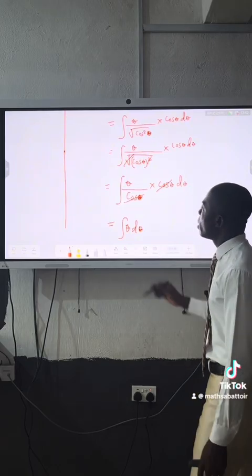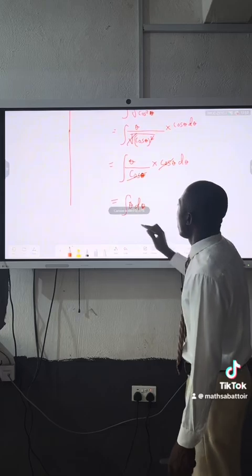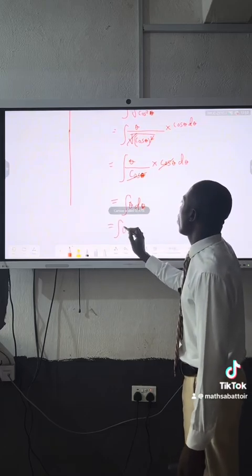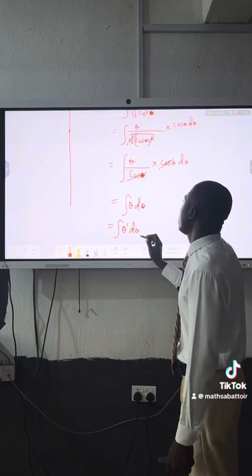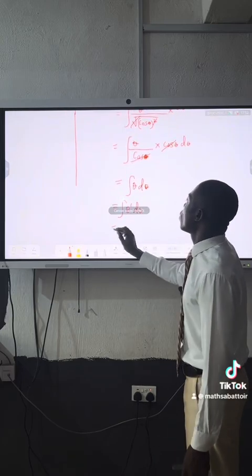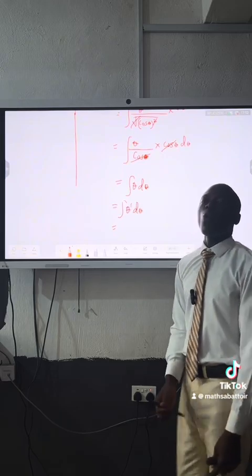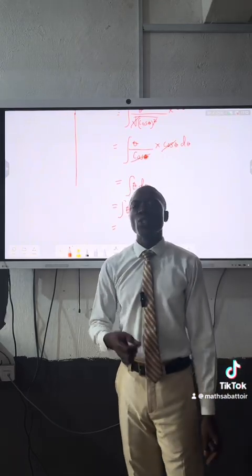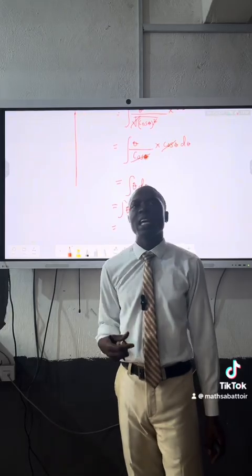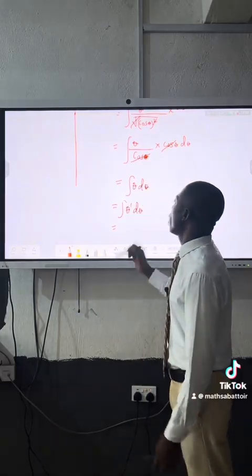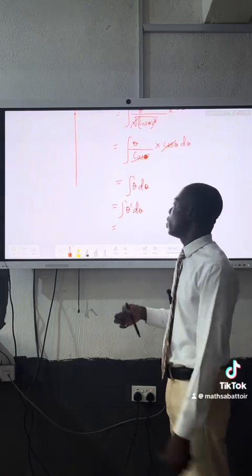You can go ahead and write it as the integral of theta to power 1 d theta. Once you start your integration, you can remove the integral sign. Integration is all about adding 1 to the power and dividing by the new power.